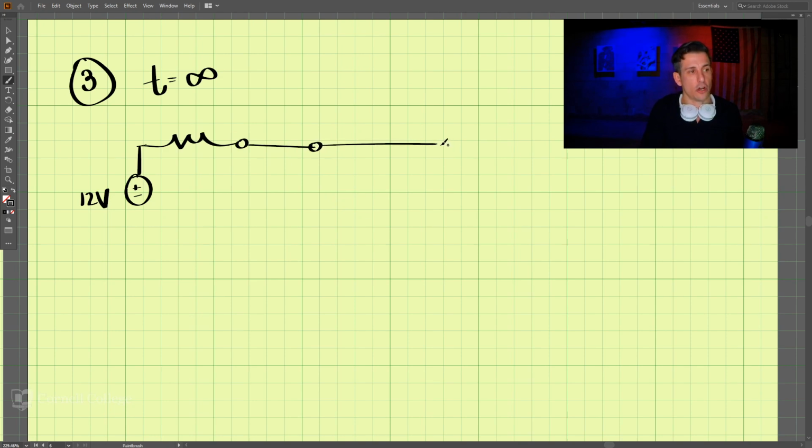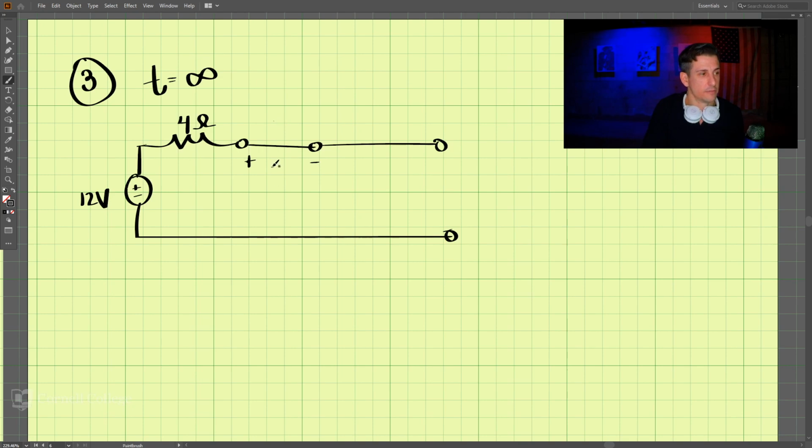And the capacitor is behaving like an open circuit here. So we have our 4 ohms. This is our voltage across our inductor, L. So we can say VL. And this is our voltage V here.